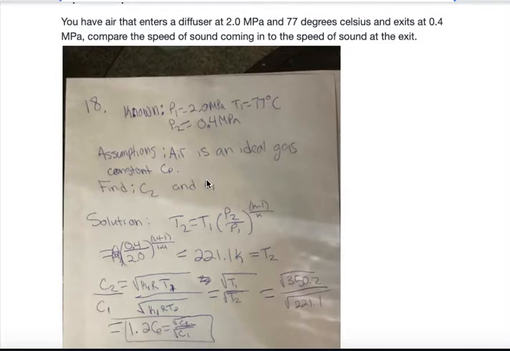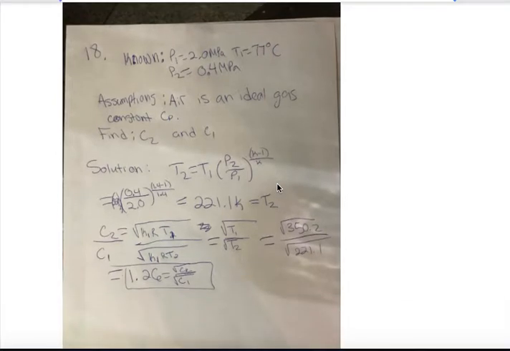If we're looking for the Mach numbers, Mach is compared to the speed of sound, so relative to the speed of sound, that is.